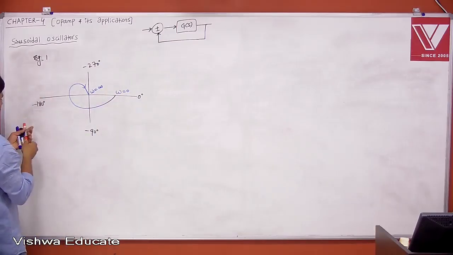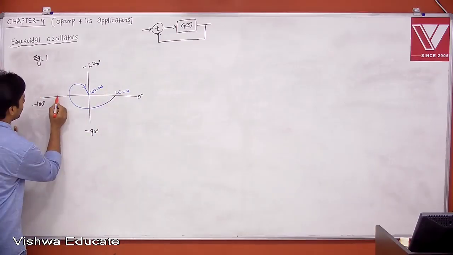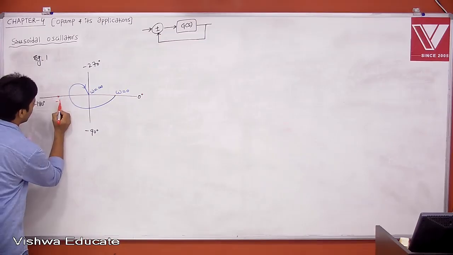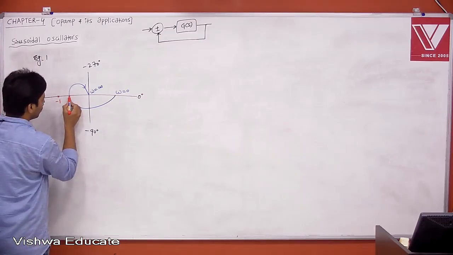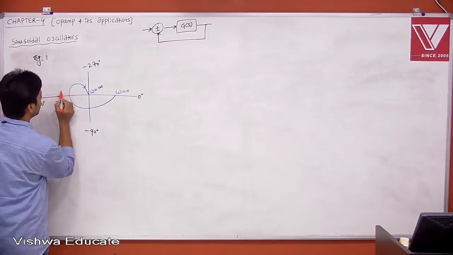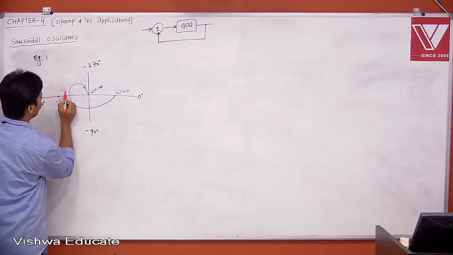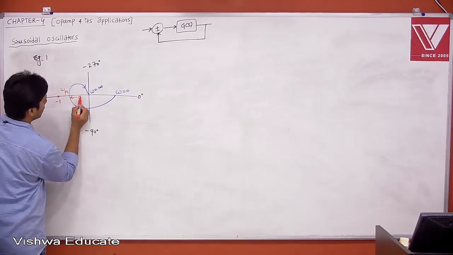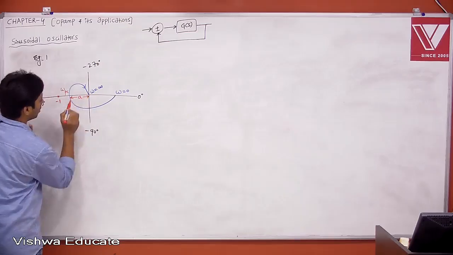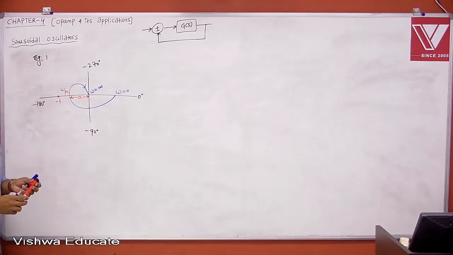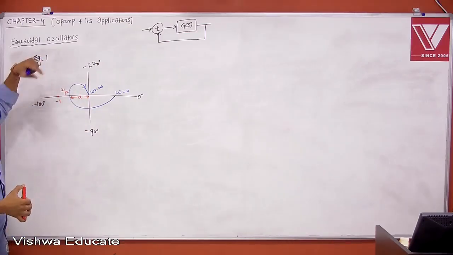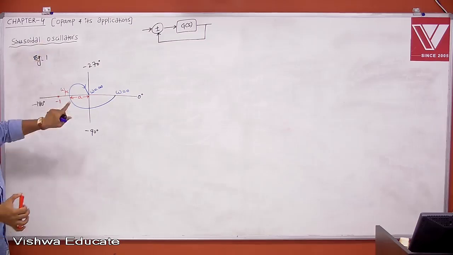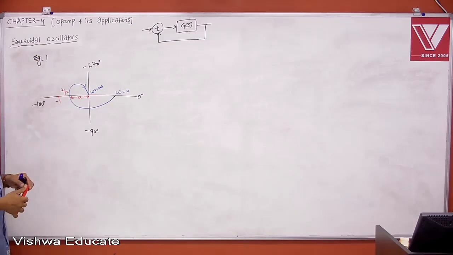Let us say this is your minus 1 point. And let me say this is your gain at omega PC, the phase crossover frequency. Let us say this is gain A. This is the absolute magnitude, gain A. Don't confuse it with 1 by S plus A; this is simply gain A.